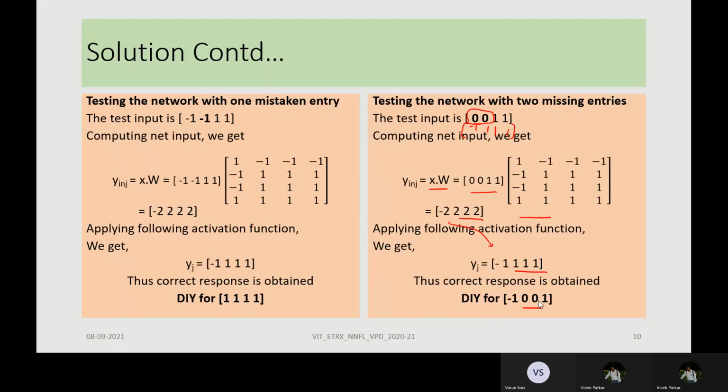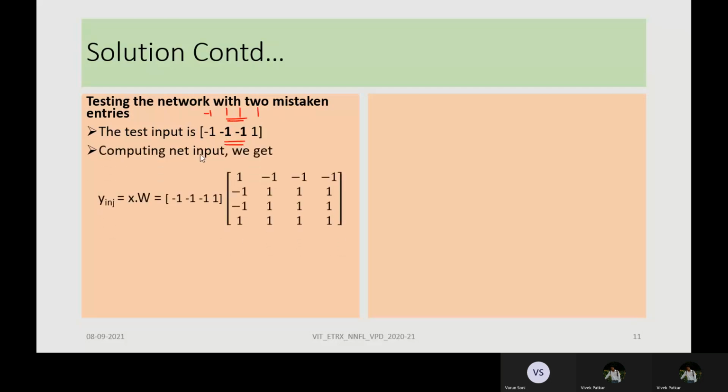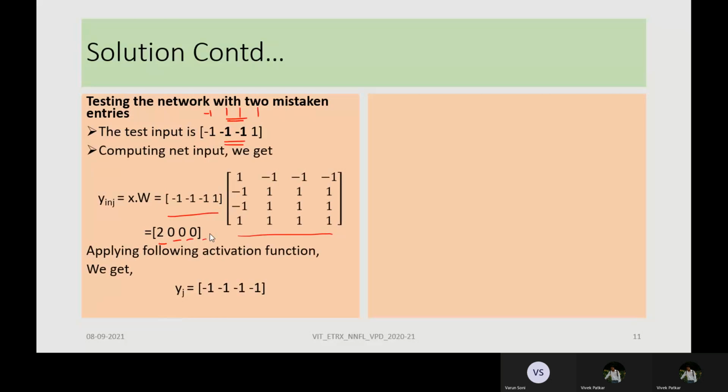Let's move to mistaken entries. Again, reminding our actual data is minus one one one one, and you can see these two are not missing, mistaken. Here, ये one का minus one हो गया, ये one भी minus one हो गया. So we go by usual rule. We are going to take a dot product of x and w, and we get this, and then we apply activation function, and we get this as the response.